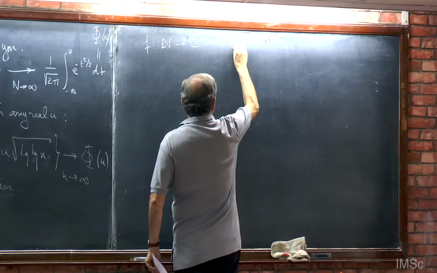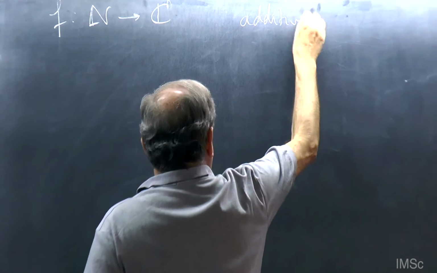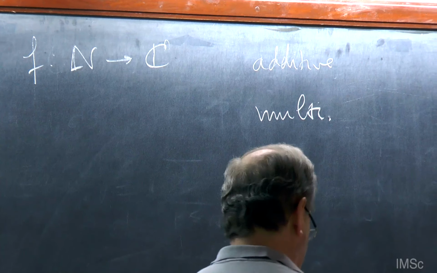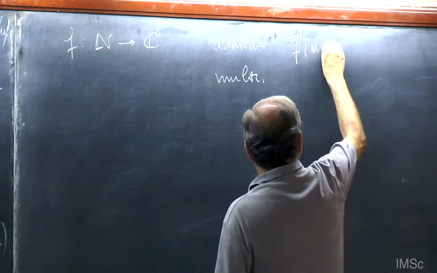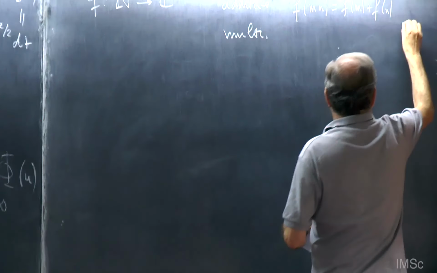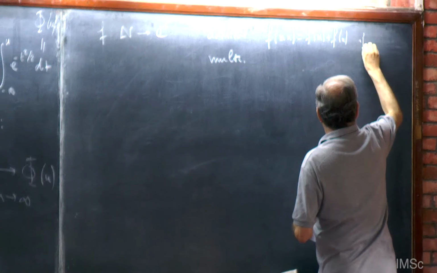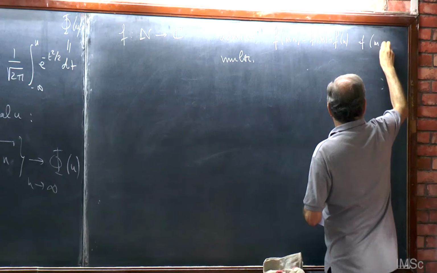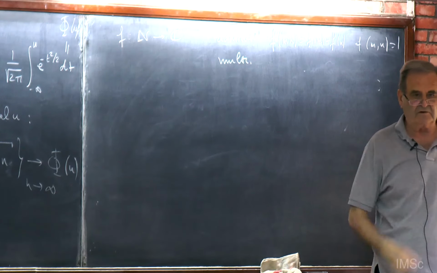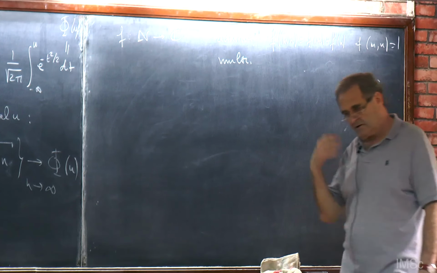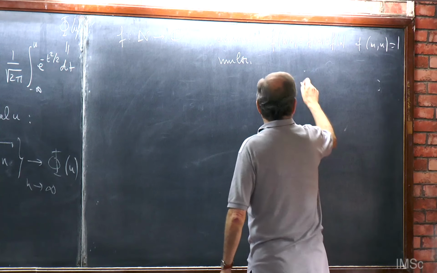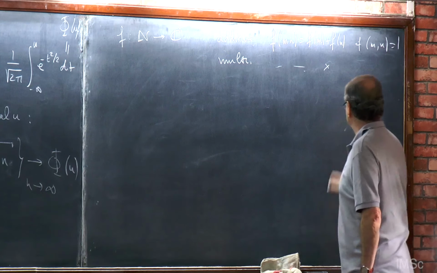So this is an arithmetic function, and we say additive, or multiplicative, when you have the following: f(m n) equals f(m) plus f(n) whenever m and n are coprime, GCD of m and n equal to 1. Remember GCD, I just write it as (m, n), thinking maybe of the ideal generated by m and n. And the multiplicative will be the same thing, except that here you have a multiplication.